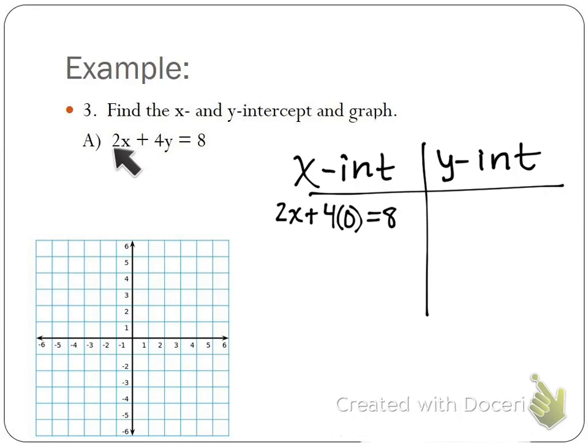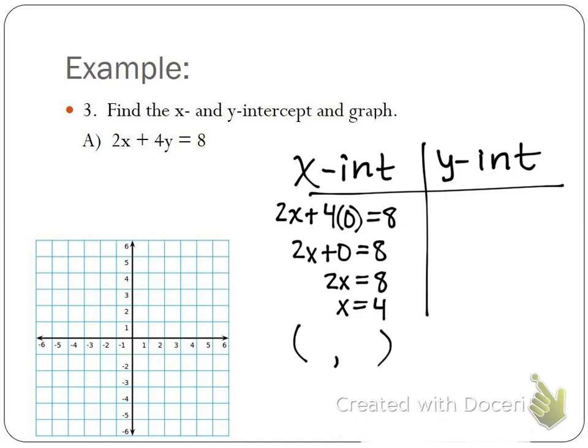I'm using this linear equation they gave me. And then I'm solving. What's 4 times 0? 2x plus 0 is 2x. So what does x equal? 4. If I were to write this as an ordered pair, as a point, what is my x coordinate? 4.